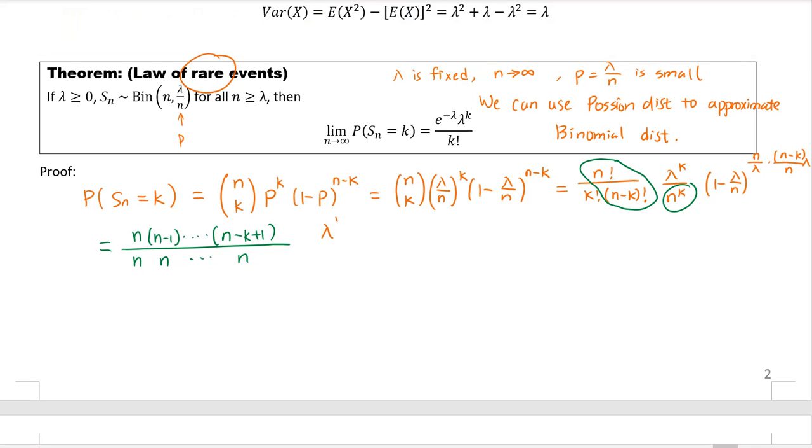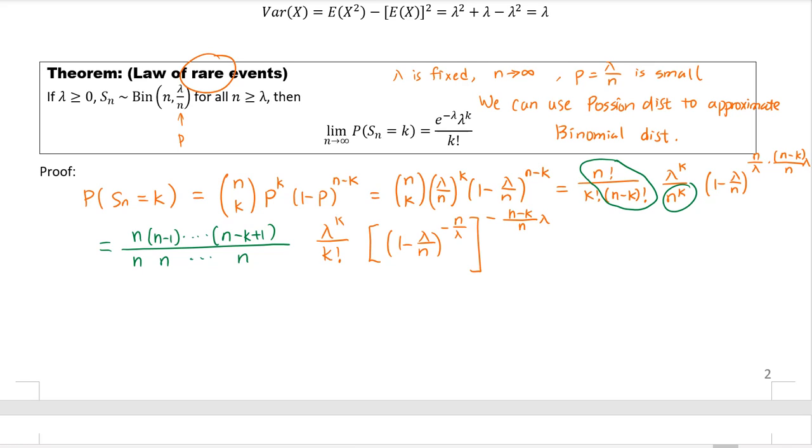I have lambda to the k, and we have the k factorial. I want to put the k factorial right here. For the next guy, I have (1 minus lambda over n). Okay, what I'm gonna do, I'm gonna split the power. So I want to rewrite this as (1 minus lambda over n) to the negative n over lambda, to the negative lambda times (n minus k) over n.